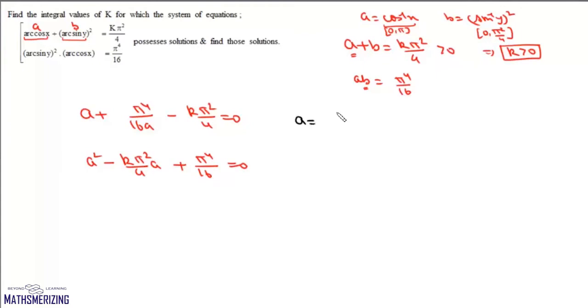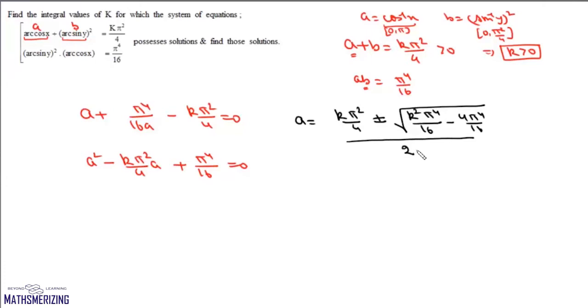So the value of a will be k pi square by 4 plus minus under root of k square pi to the power 4 upon 16 minus 4 pi to the power 4 upon 16, whole divided by 2. Now we'll take pi square by 4 common. So we can write this a as pi square by 8 into k plus minus under root of k square minus 4.